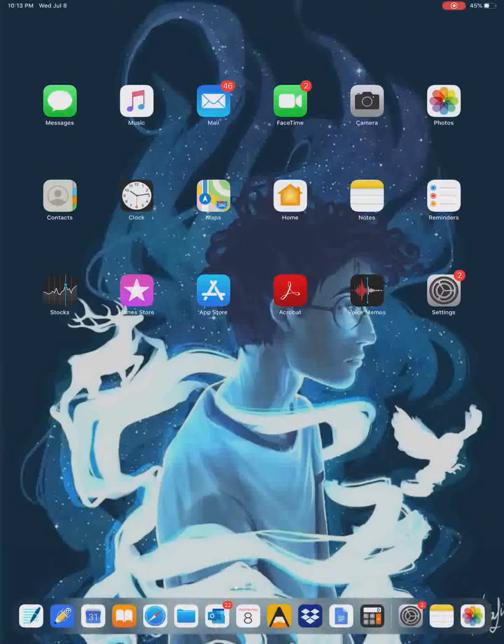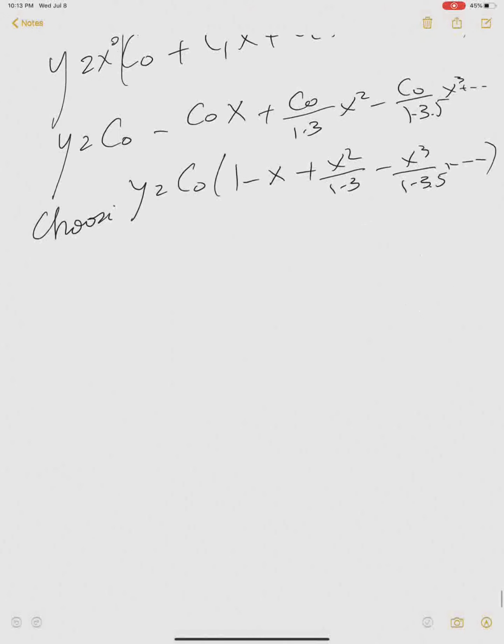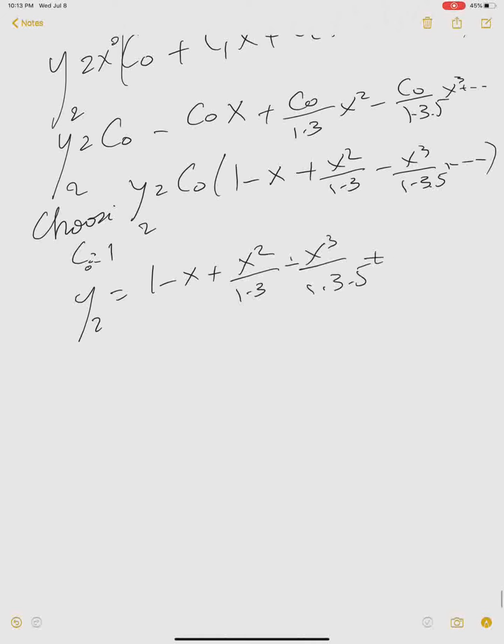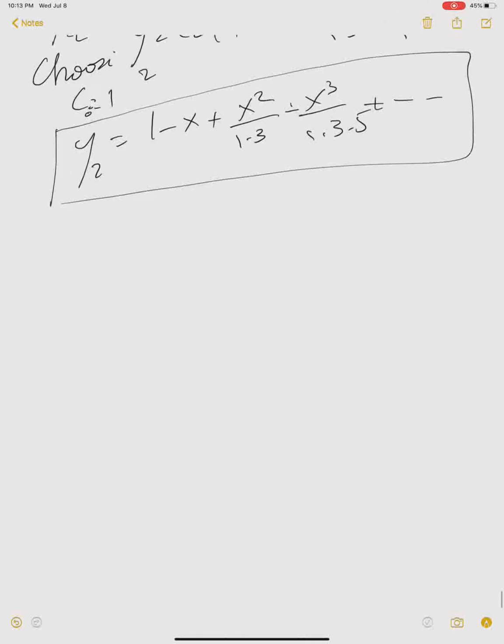So y_2 equals 1 minus x plus x squared over 1 times 3 minus x cubed over 1 times 3 times 5 plus so on. And this is my second solution. Notice that y1 and y2 are linearly independent.